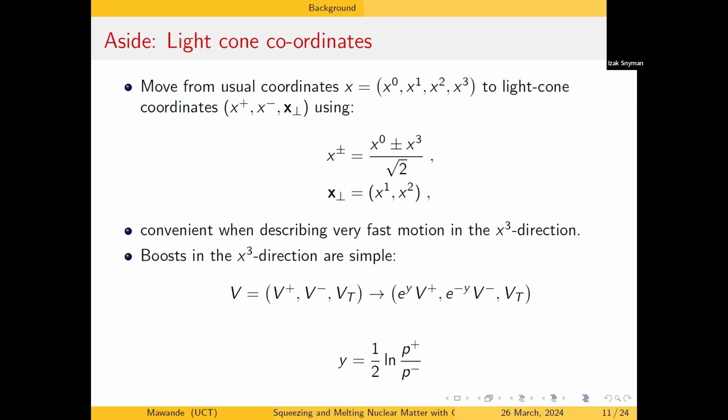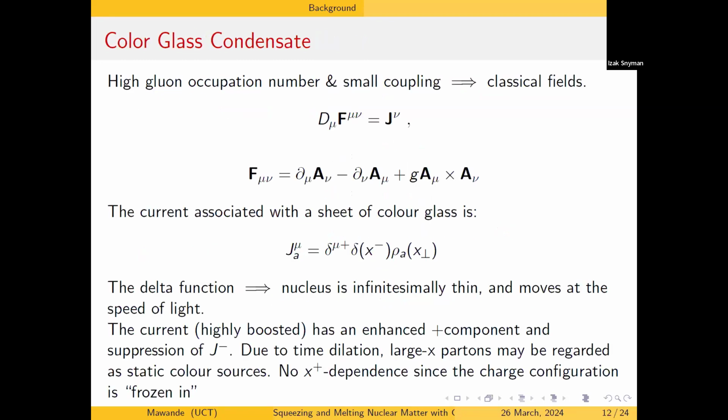Okay, so again, the dense gluonic medium that we have, which is our colliding nucleus. In this wave function, the occupation number is so high that you can think about it as the classical version of the field, the classical Yang-Mills field, and also you have a small coupling which allows you to use this classical field.